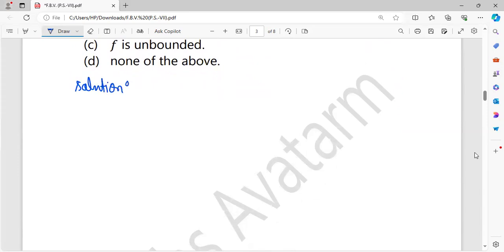First we have to understand what is intermediate value property. What is that?